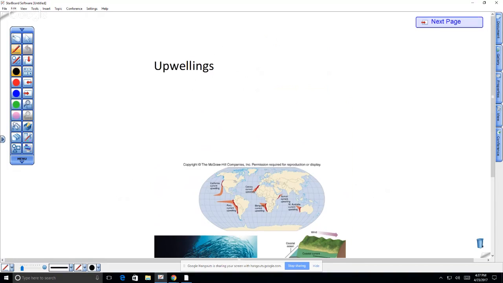Okay, so generally, the open ocean, as I mentioned before, is relatively unproductive. It has little net primary productivity, except for where we have upwellings. And we talked about upwellings when we talked about El Nino, because El Nino prevents upwellings from occurring off the coast of North America and off the coast of South America.